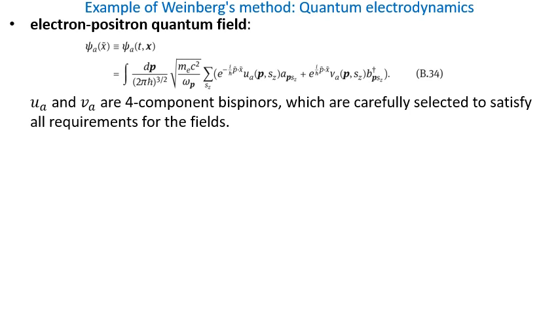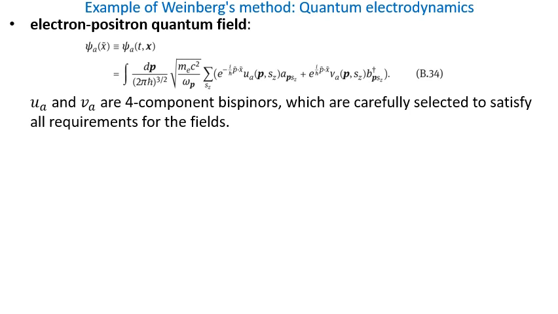So far, I showed you a general scheme for constructing a quantum field theory. Now is the time to look at a specific example. This is quantum electrodynamics. Let us try to build the relativistically invariant theory of interacting electrons, positrons, and photons.